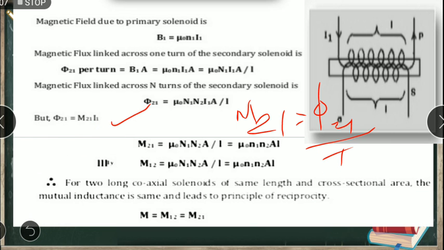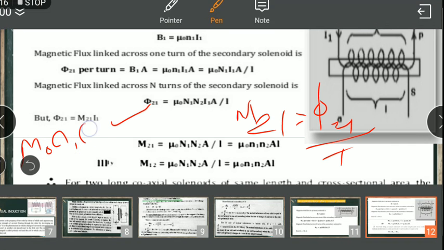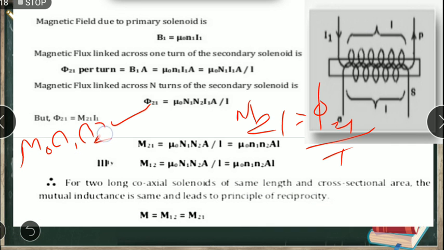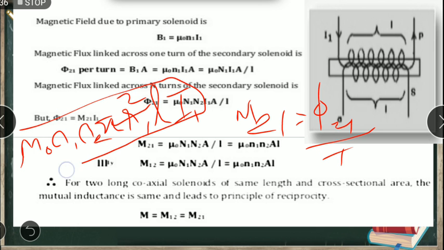That is simply mu naught n1 n2 pi r1 square divided by L. Okay, so this is the expression I will get for M21.